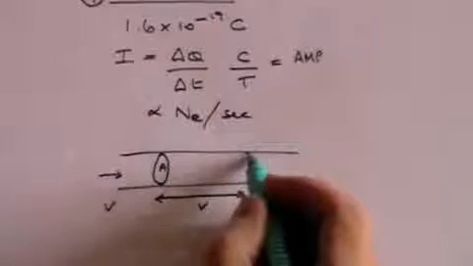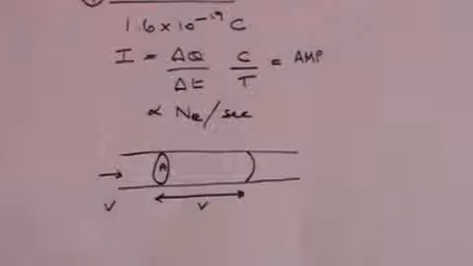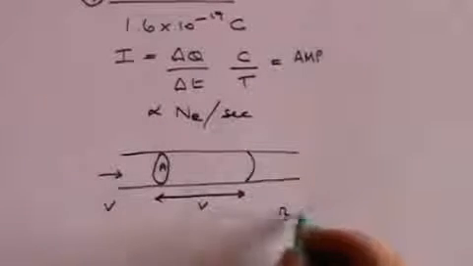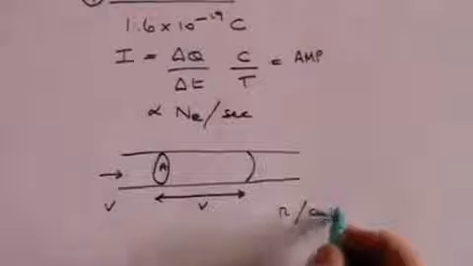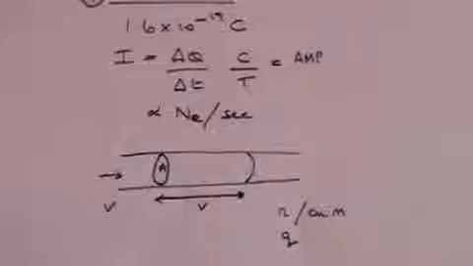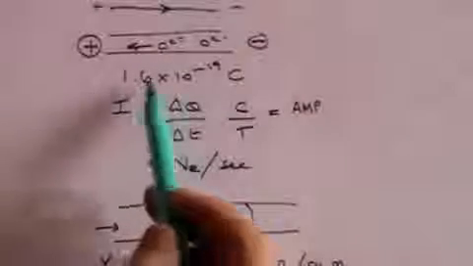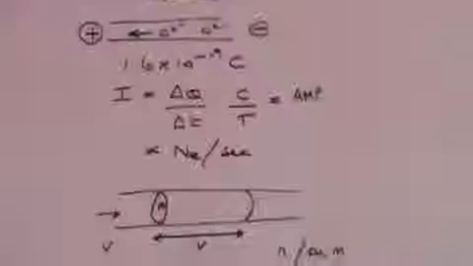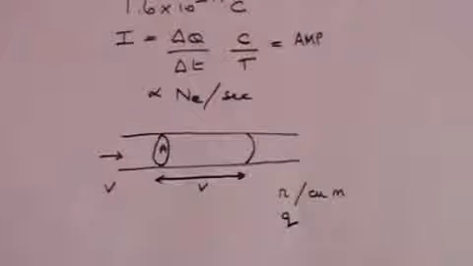Now let's assume that there are n electrons per cubic metre in the wire, and each of those electrons carries a charge Q, which we've already said is 1.6 times 10 to the minus 19 coulombs.